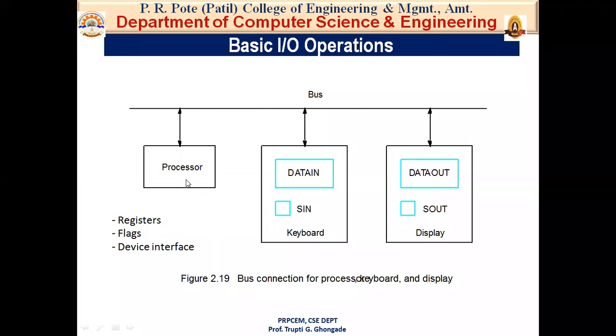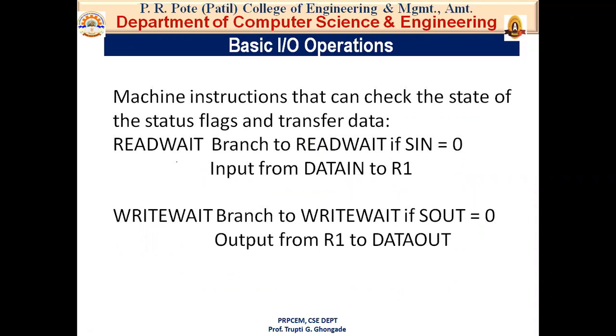So inside a processor, we have one general purpose register that is R0 and we have to transfer data from this input device to the processor, by using some sequence of instructions. We are using these machine instructions to check the state of your status flag and to transfer the data from input device to processor and also from processor to output device. So the instruction is like that.